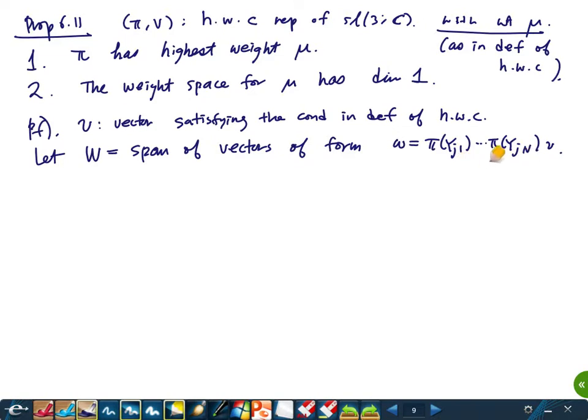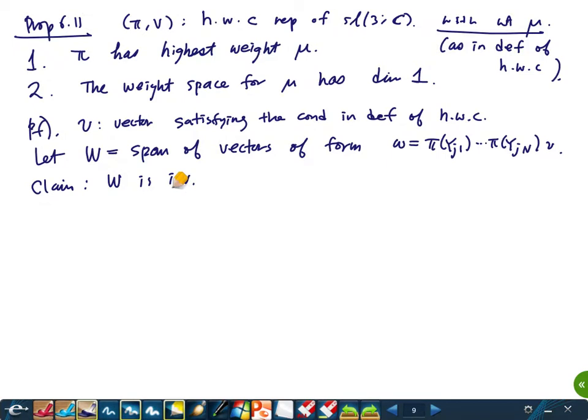Okay? Just define W, a vector space like that, and then we want to show something. Claim: W is an invariant subspace. So it's just a vector space for now, but it turns out that it's an invariant subspace.